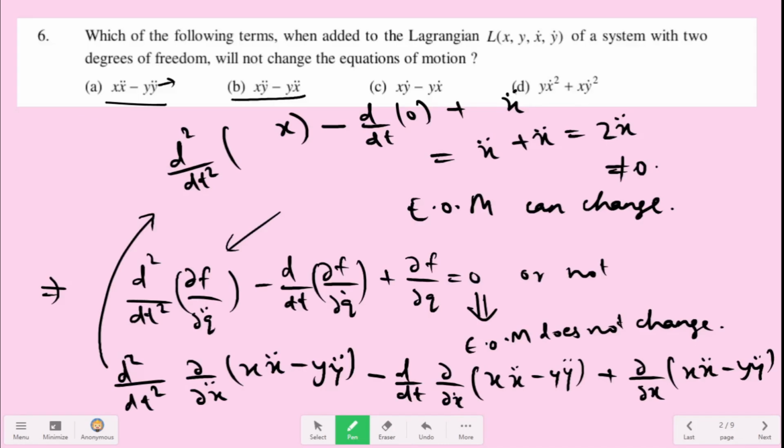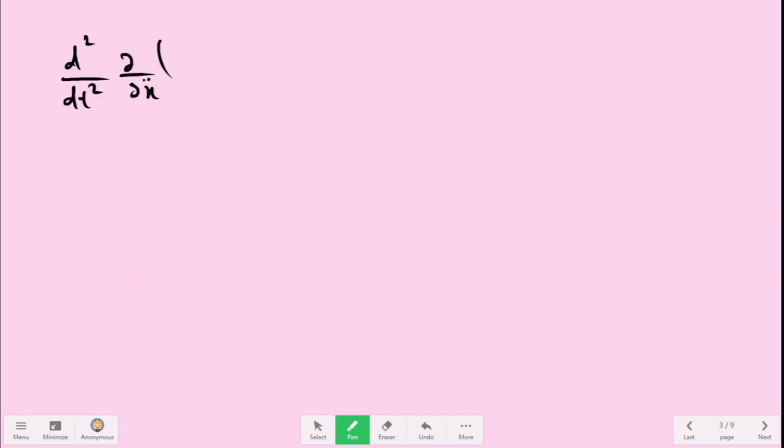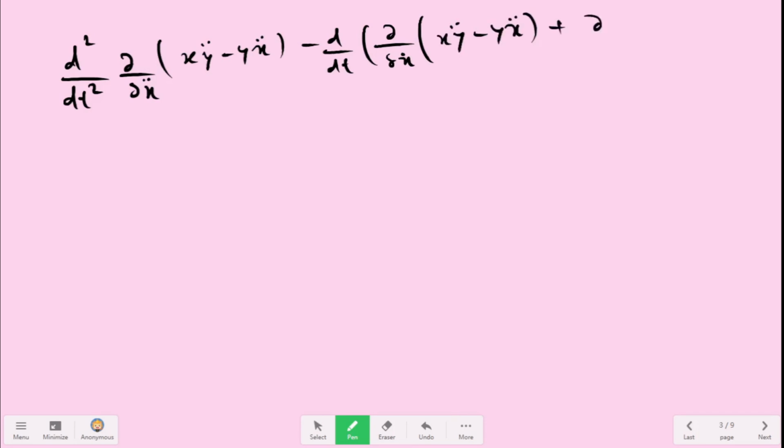Therefore, we will check again if d square upon dt square of del by del x double dot of x y double dot minus y x double dot, minus d by dt of del by del x dot of x y double dot minus y x double dot, plus del by del x of x y double dot minus y x double dot.